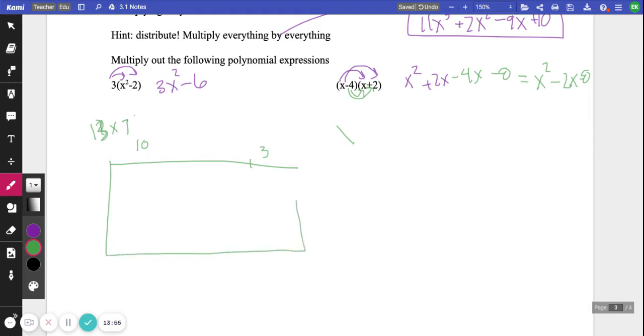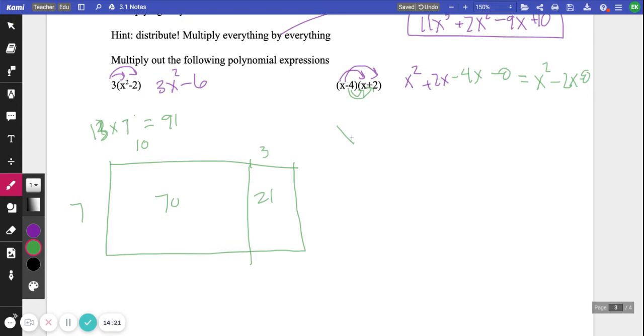Okay, that works. Because if I said 13 times 7, you could say that's the area of this rug, right? Okay, well, I don't know what 13 times 7 is, but I know 7 times 10 is 70, and then 7 times 3 is 21, and now I can see really easily that 13 times 7 is 70 plus 21, which is 91.